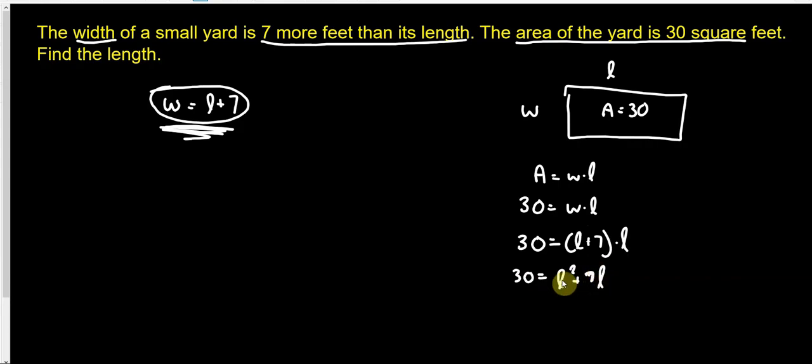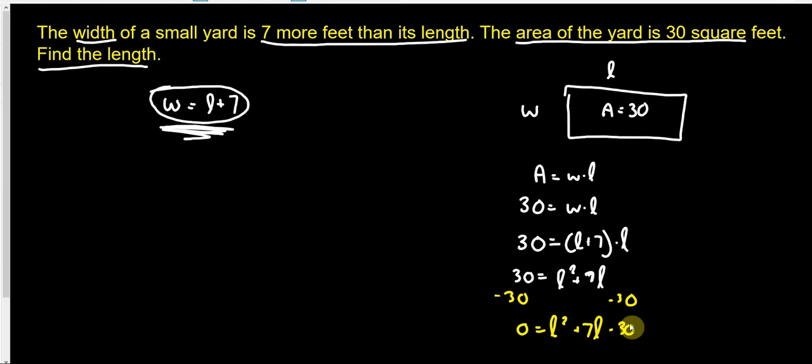Awesome. Looking good. Now, if I want to solve this for L, because what's the question? To find the length. I'm going to need to, it's not set equal to 0. It's not a trinomial. Wait a second. What if I were to subtract 30 from both sides? And so I have 0 equals L squared plus 7L minus 30. Okay.